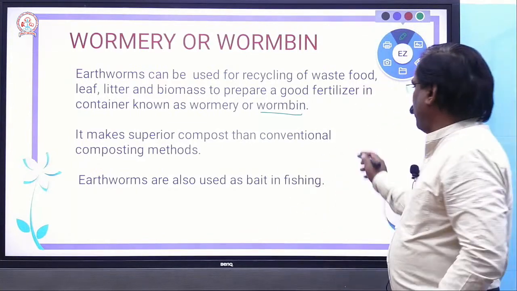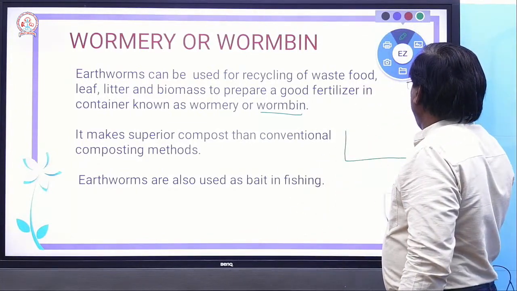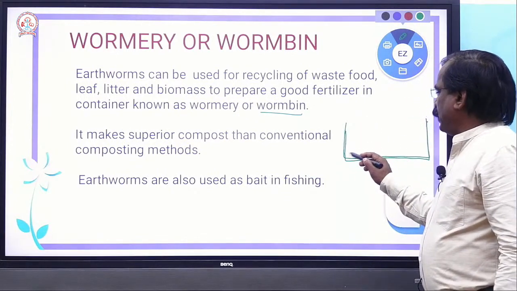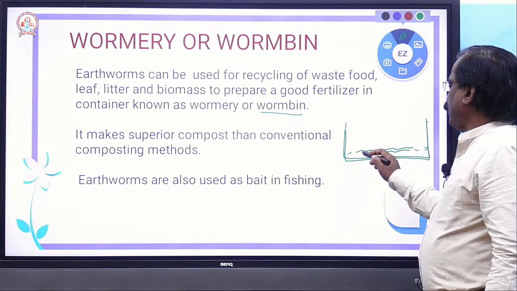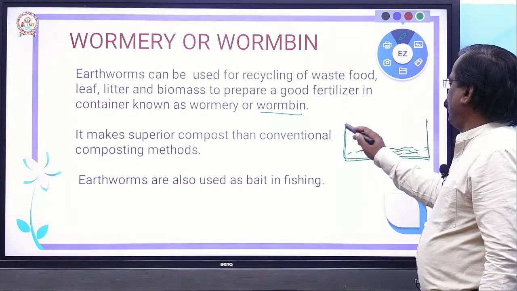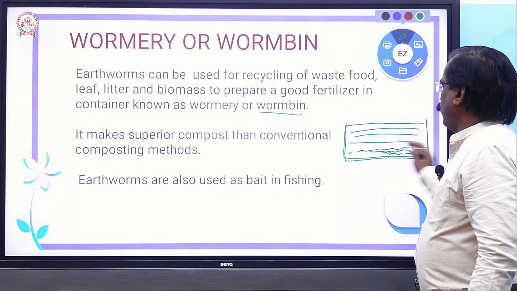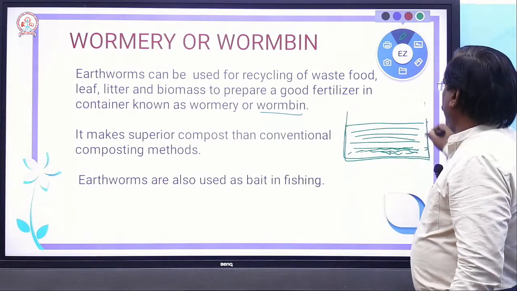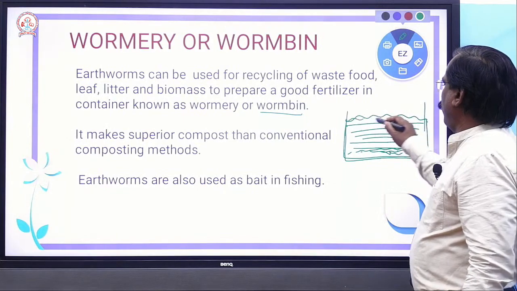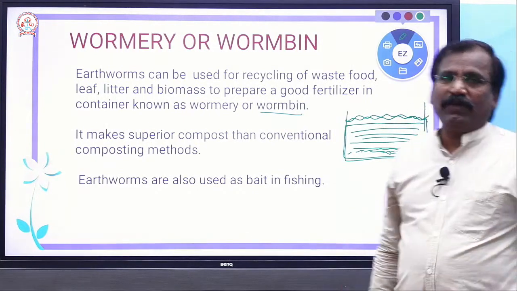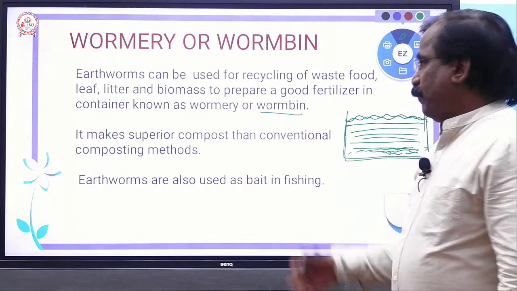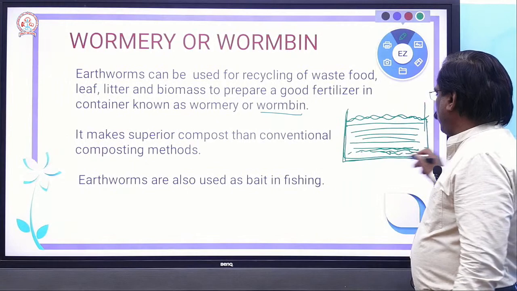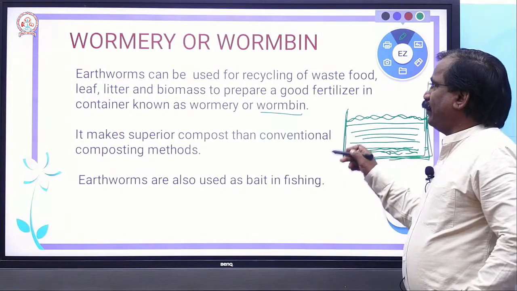The worm bin is first of all like a box, of any size, understood? Inside it there should be some amount of soil. You have to introduce earthworms, and then the waste has to be dumped into the compartment, and finally the upper layer should be covered with some amount of soil. If you leave it like that, after some time the vermicompost will be ready. Understood? Okay, this compartment is called the worm bin.